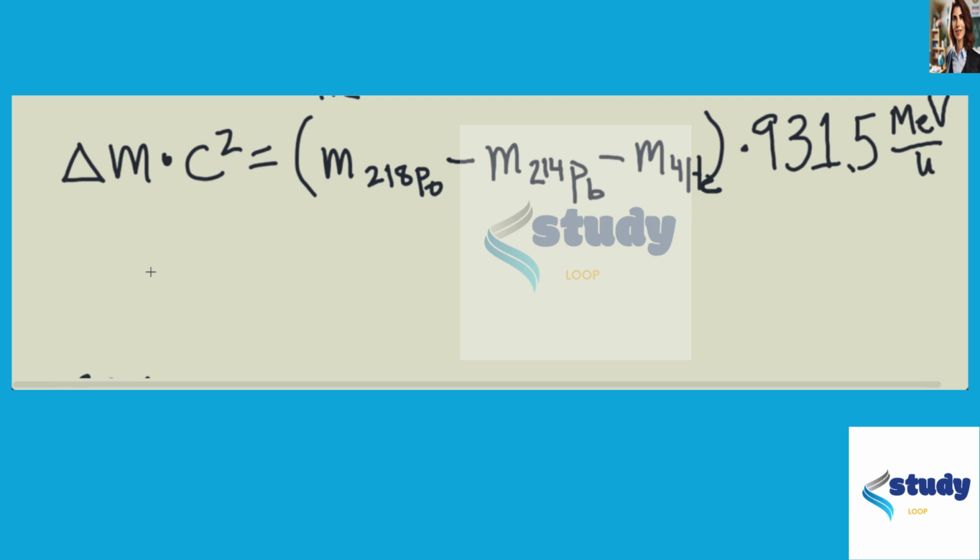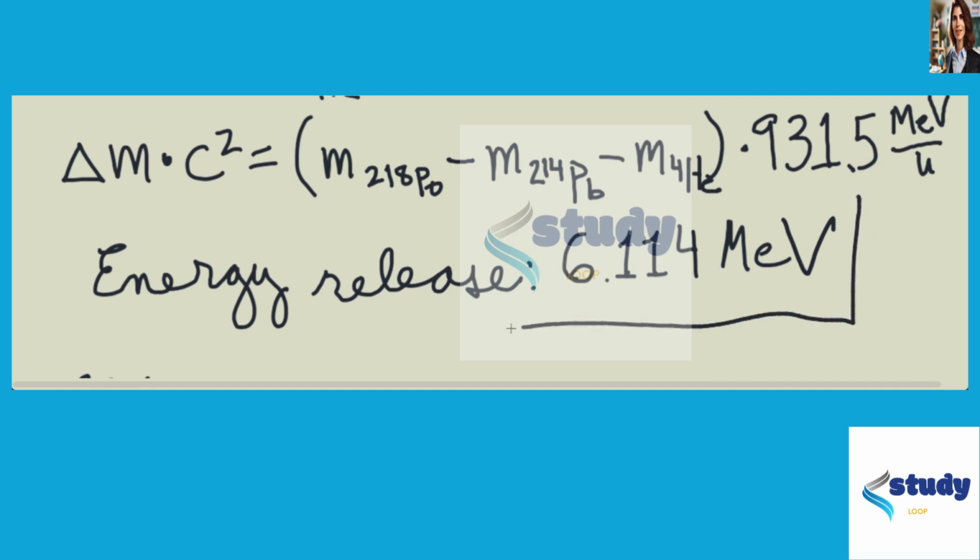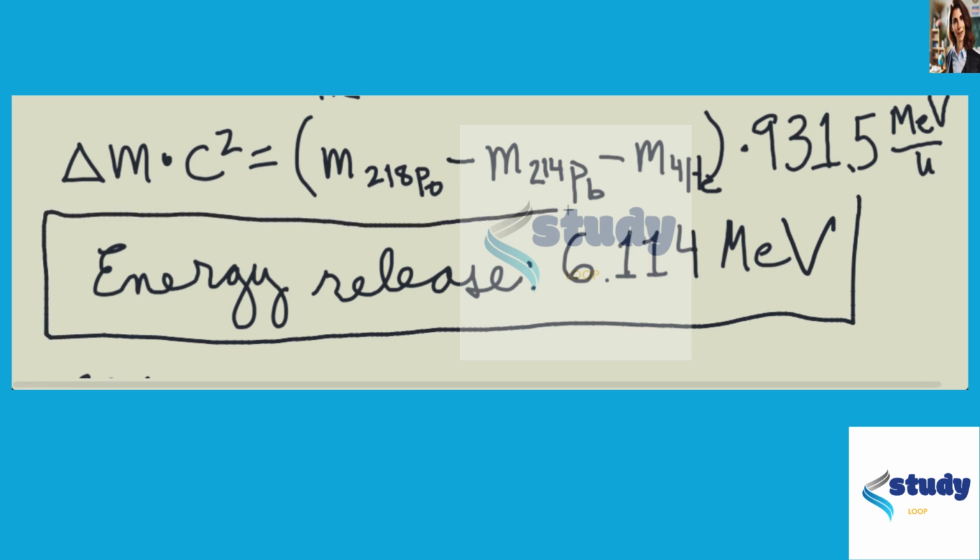Doing that, we find that there is an energy release of 6.114 mega electron volts. And that was the case of an alpha decay of polonium 218.